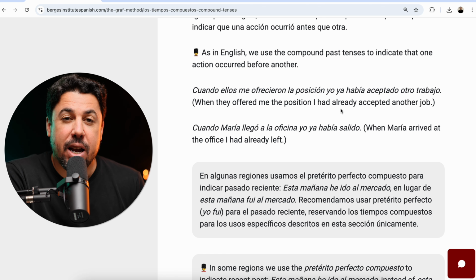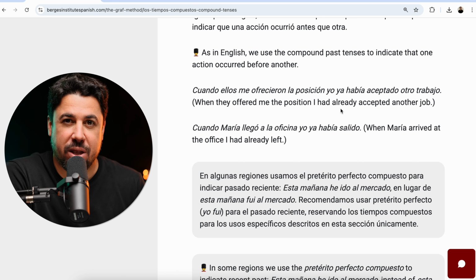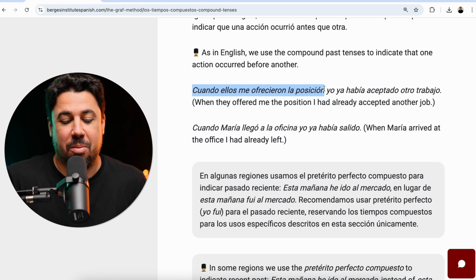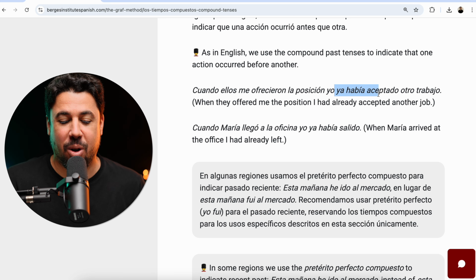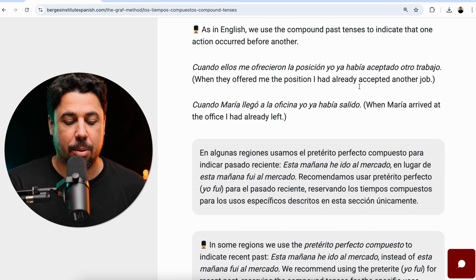So in the same way that the present perfect, I have been to Madrid 3 times, is like experiential up to this point, this past perfect, the pretérito pluscuamperfecto in Spanish, is experiential, but up to a point in the past. In this case, the moment when they offered me the position, I had already done this other thing. Yo ya había aceptado otro trabajo.